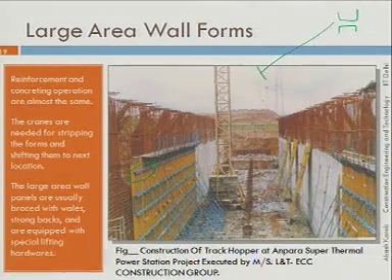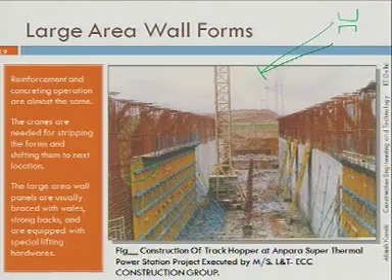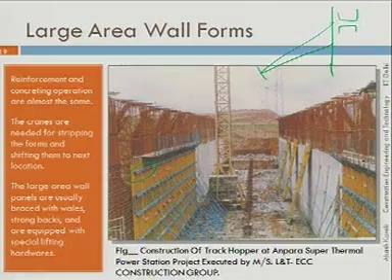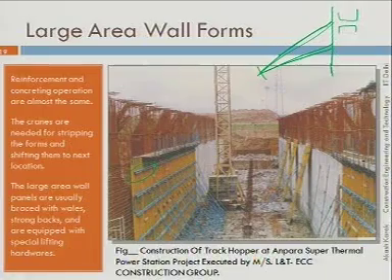There are two props, one here and another here. The reason you have a triangular shape is because it adds to the stability. So you understand now why this shape has been given, one prop here, another prop here. The lower prop is of a little lesser length.